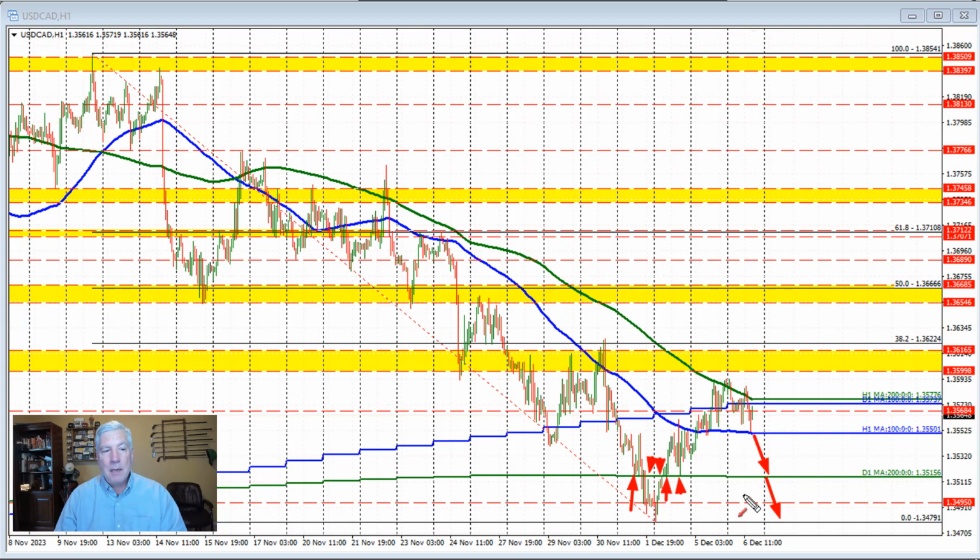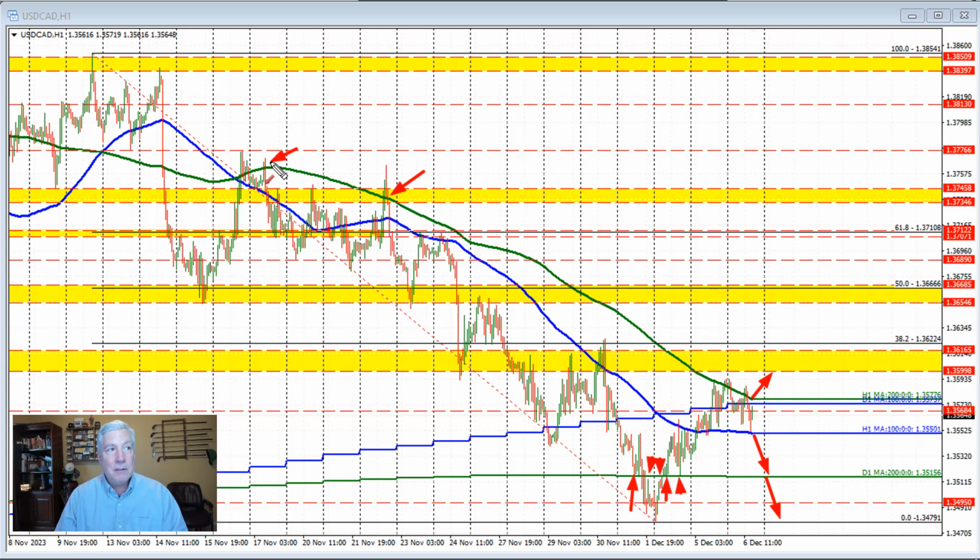Now, on the top side, if the price were to break above the 100-day moving average and the 200-hour moving average, well, maybe not so clear, but what we'd be looking for is a break of both these moving averages right here and staying above. So look for that shove, maybe that dovishness that the market interprets from the statement from the Bank of Canada, to push the price above the 200-hour moving average, and this time stay above it.